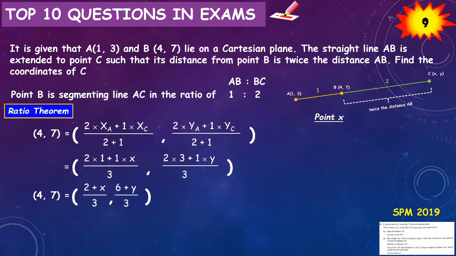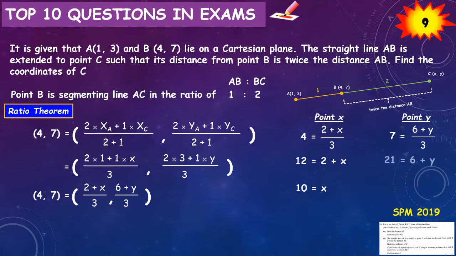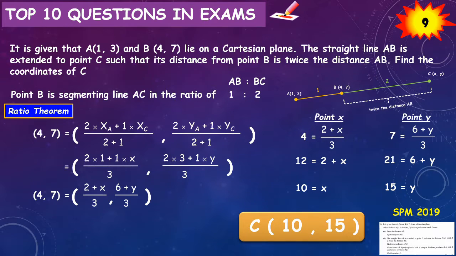We compare the values of x and y with point B. For the value of x, we get (2 plus x) divided by 3, which equals 4. And for the value of y, it is (6 plus y) over 3, which equals 7. Solving for x, we get x equals 10. And solving for y, we get y equals 15. So point C is (10, 15).